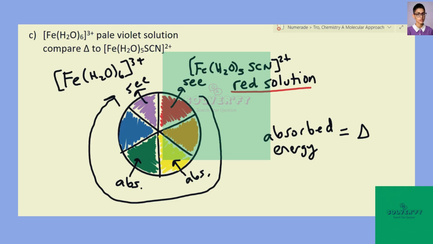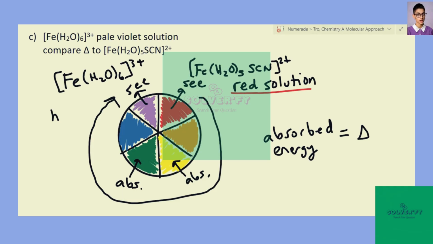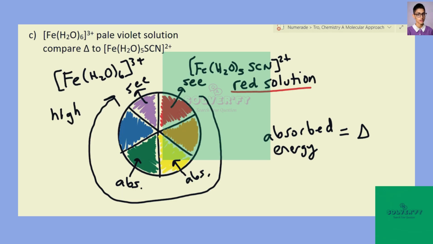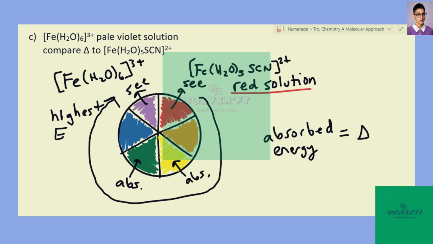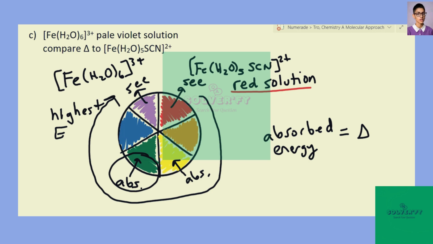So as we move clockwise around this color wheel, we're moving to higher energy. That means that green light has greater energy than yellow light.